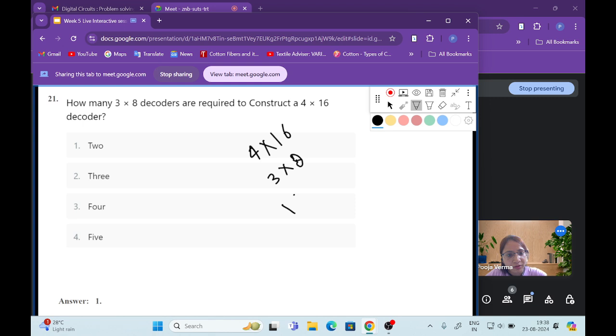So 16 by 8. At the first stage, how many 3 into 8 decoders are required? It is 2, right? Now again that 2 divided by 8 at the second stage, it can't be divided, so it is 0 at the second stage.